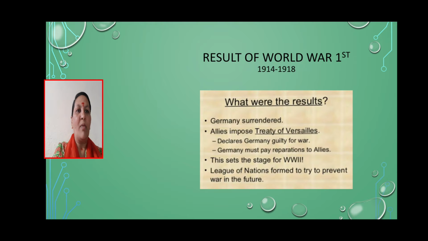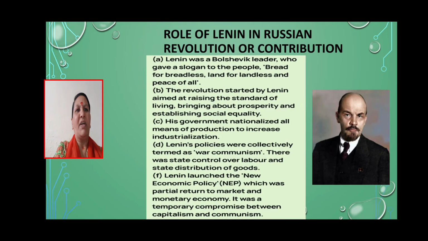The Allies imposed the Treaty of Versailles, which declared Germany guilty of the war. Germany must pay reparation to the Allies. This sets the stage for World War II. The League of Nations was formed to try to prevent war in the future. So, this aspect is one of the most important.